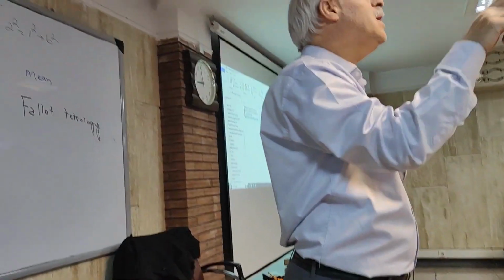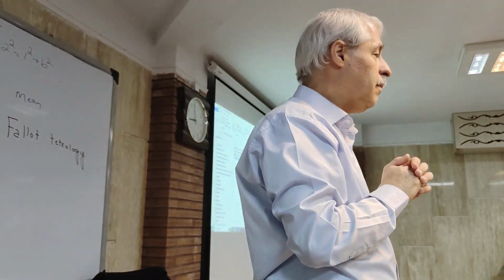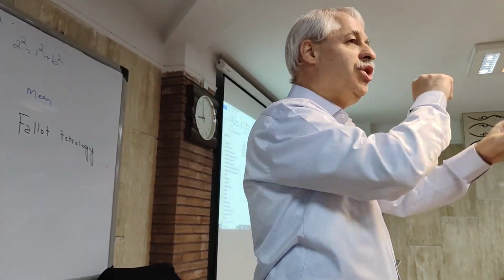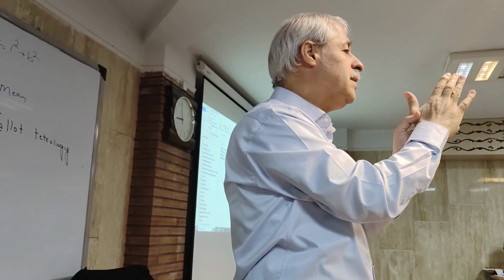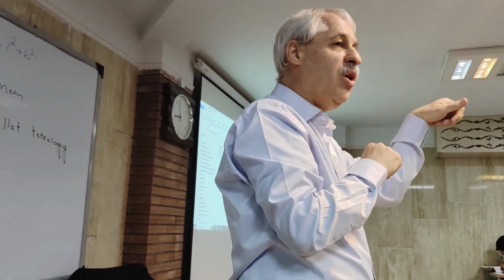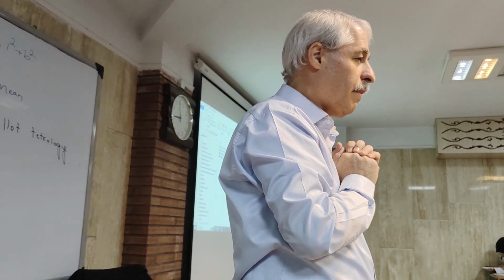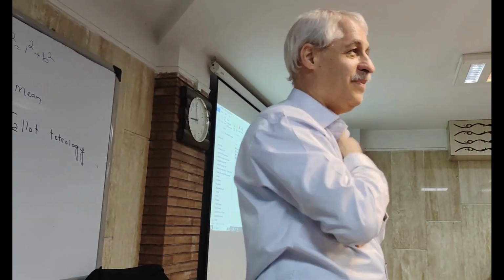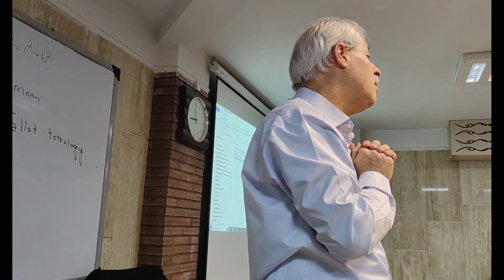This is called VSD, ventricular septal defect. Pulmonary stenosis, this is the third one. And atrial septal defect. This is called tetralogy of Fallot.